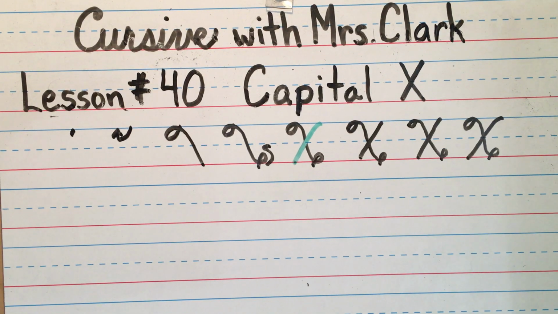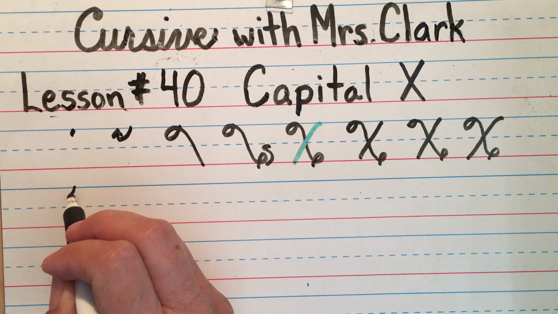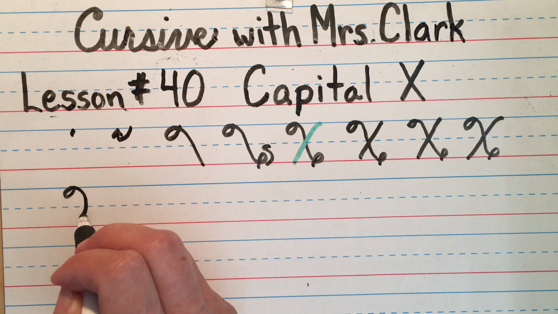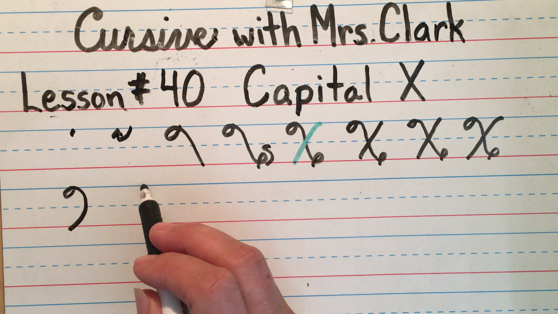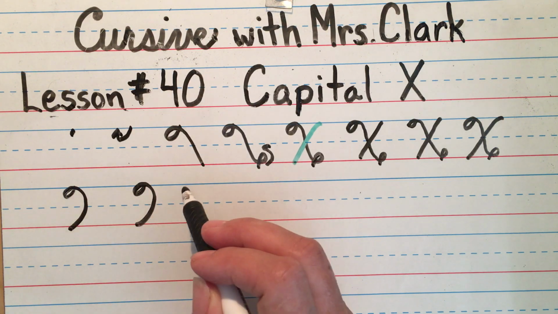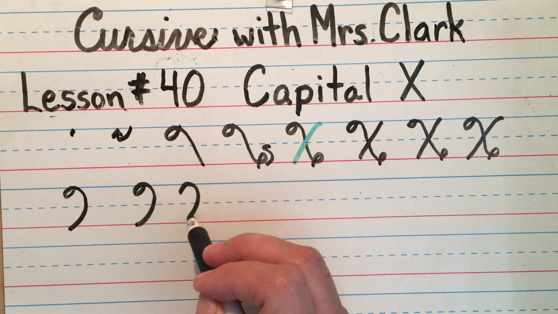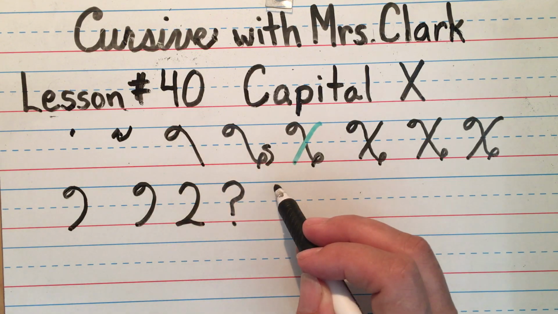The actual way to make the capital X is a little bit more complicated. You start off with that same loop, but you're going to be curving this direction, kind of like you're starting a capital Q. So coming around, looping this direction, and you want that curve like you would do for a 2 or for a question mark.